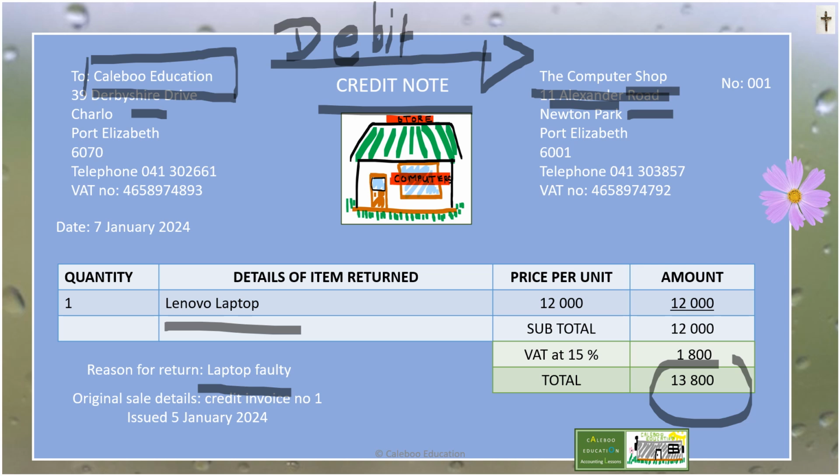And then the computer shop went and credited the account of Calibre Education who bought the laptop. I will actually do a separate video on the relationship between a debtor and a creditor, and what happens in the books of Calibre Education and what happens in the books of the computer shop. But for this video, really, we're doing VAT.